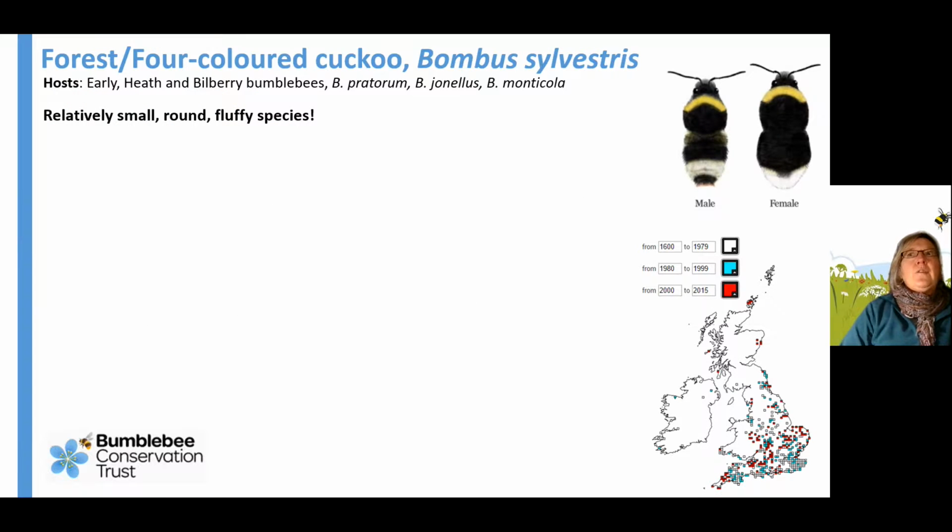So firstly, sylvestris. Okay, this is rather a lovely species, I personally think. It is parasitic on the early, heath and bilberry bumblebees. Obviously, of those, the early bumblebee is really very prevalent in gardens, very commonly observed, and consequently you do tend to get sylvestris in similar places, so you can find this species relatively easily.